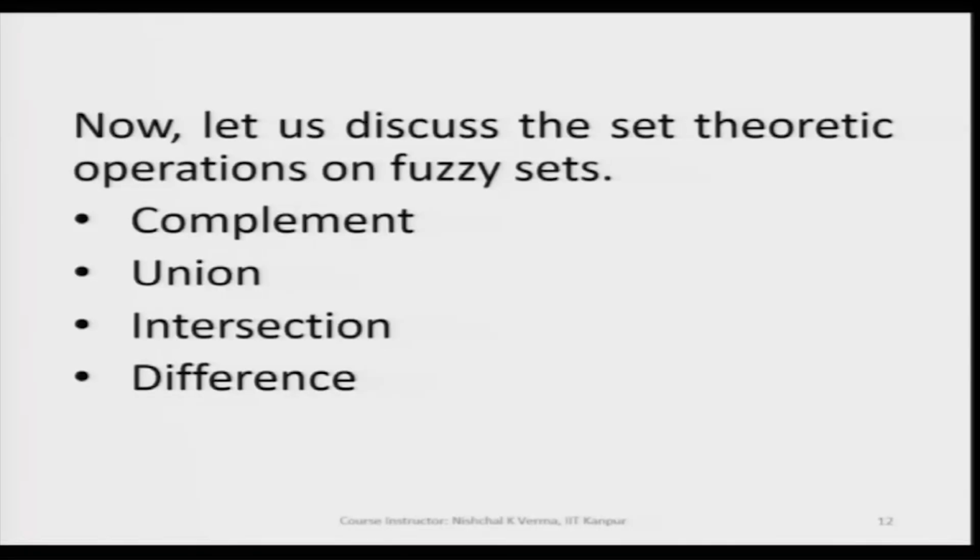Since we are interested in applying these operations on fuzzy sets, before we move to them, we will discuss these operations on crisp sets or classical sets, and then we will transition from classical sets to the fuzzy sets with respect to these set theoretic operations, to understand them better.